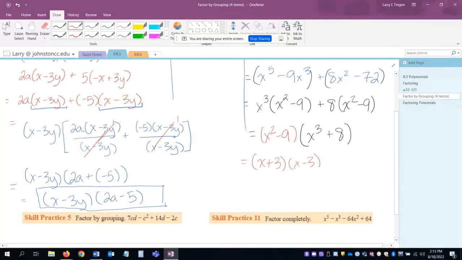X cubed plus 8 is a sum of cubes, so it factors into x plus 2 times x squared minus 2x plus 4. And then that's the fully factored form.